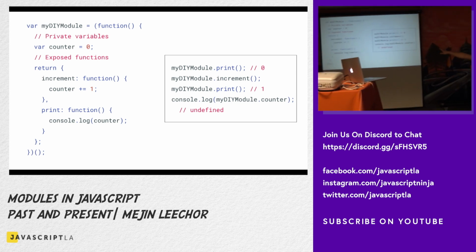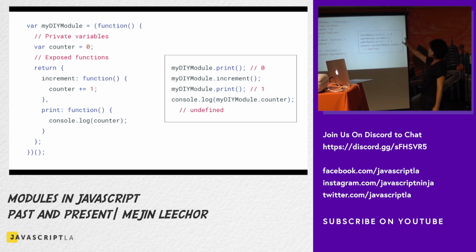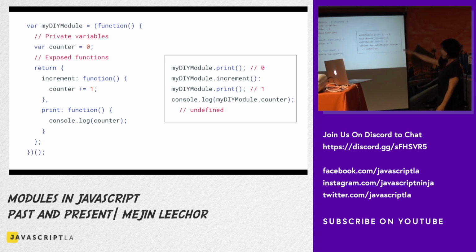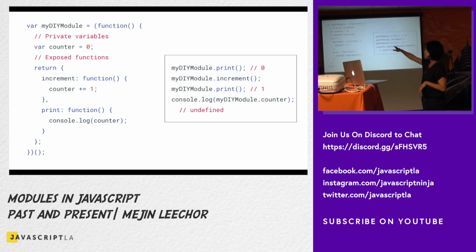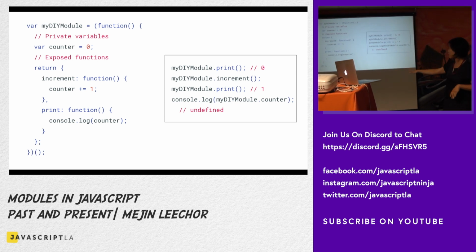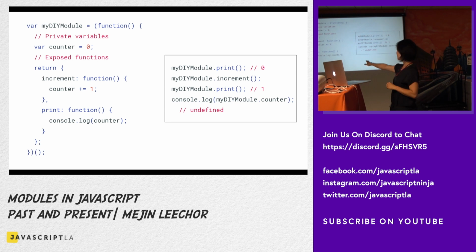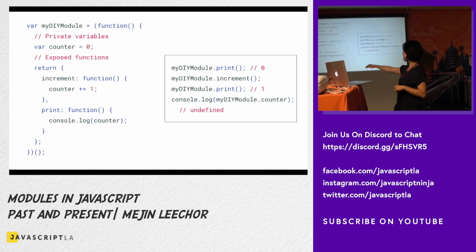So this myDoItYourself module, we're assigning to it the return value of this IIFE. And in that IIFE, we've got in our closure scope some private variables, and then we've got our exposed functions that are returned via an object with the increment and print properties.